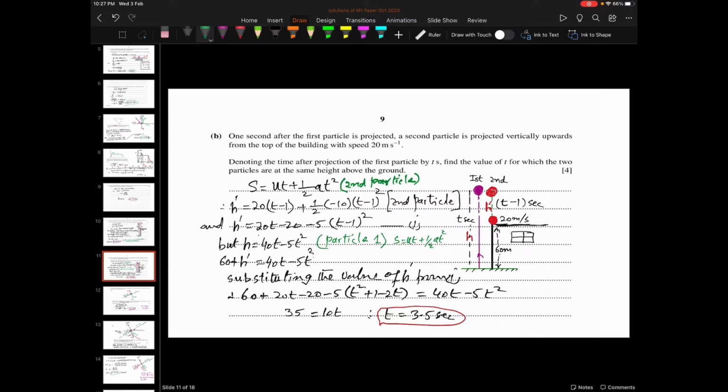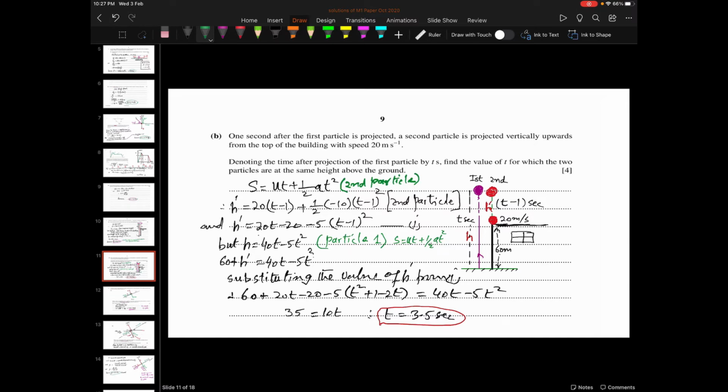Therefore, h dash is equal to 20 into t minus 1 plus half into negative 10 multiplied by t minus 1 whole square, where t minus 1 is the time taken by the particle to reach the maximum height from the top of the building.